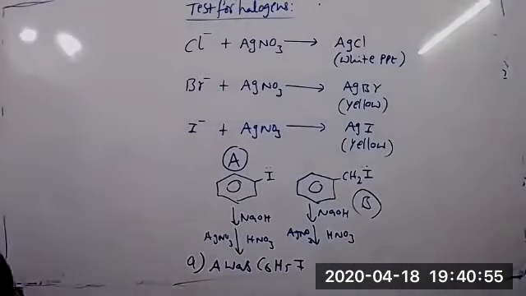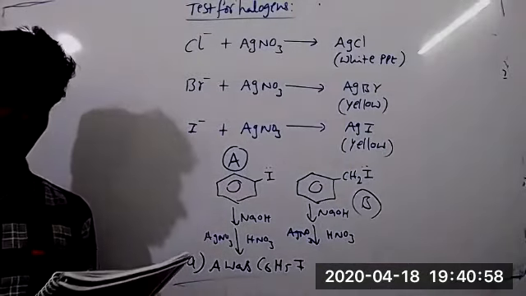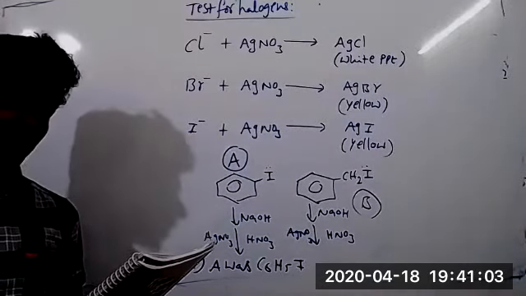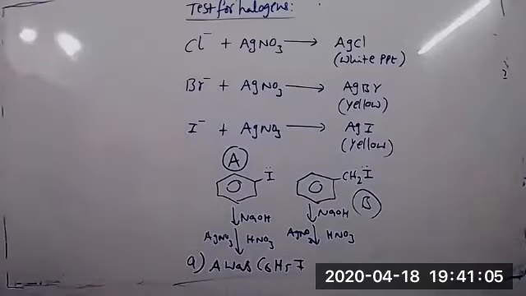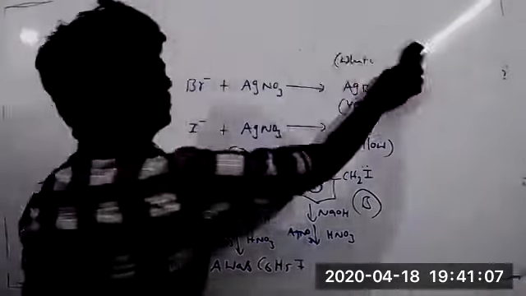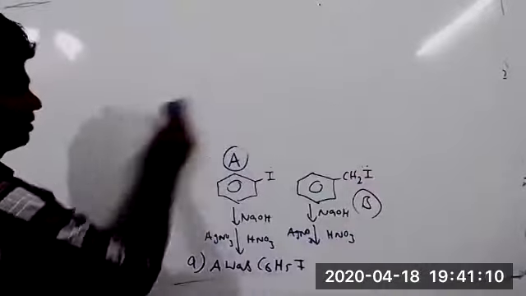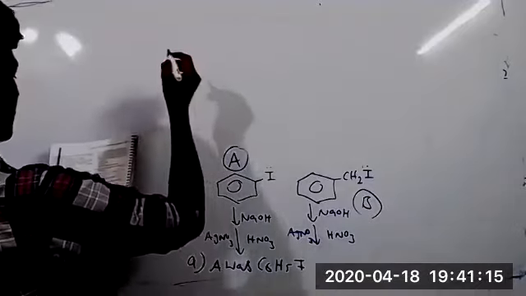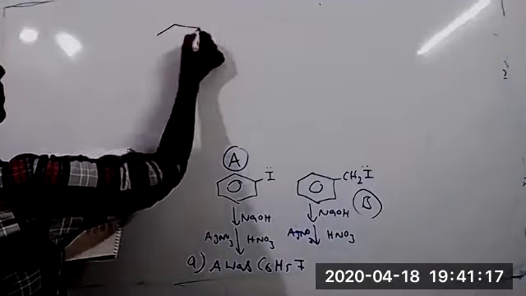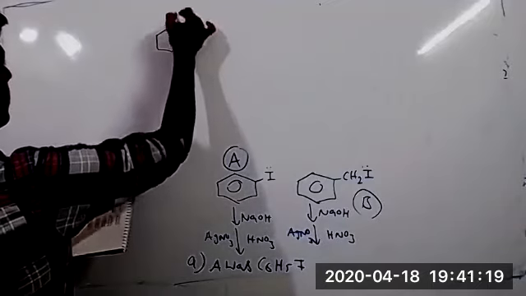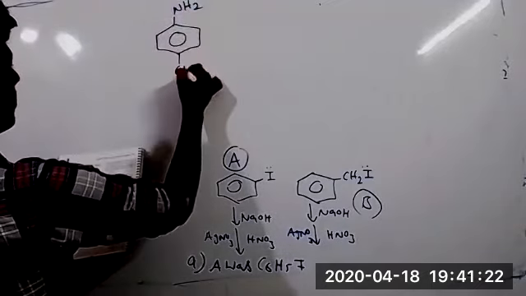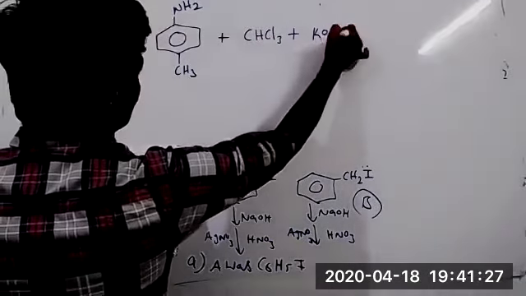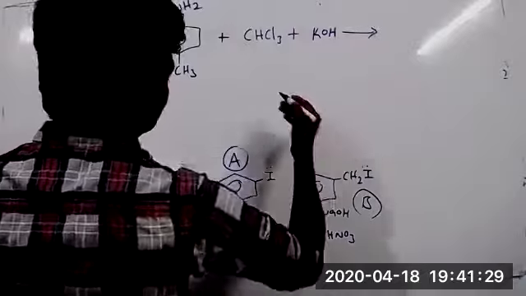Okay, go to the next, 59th question. The reaction of chloroform with alcoholic KOH and paratoluidine forms? Already I told you this reaction. What is the product?